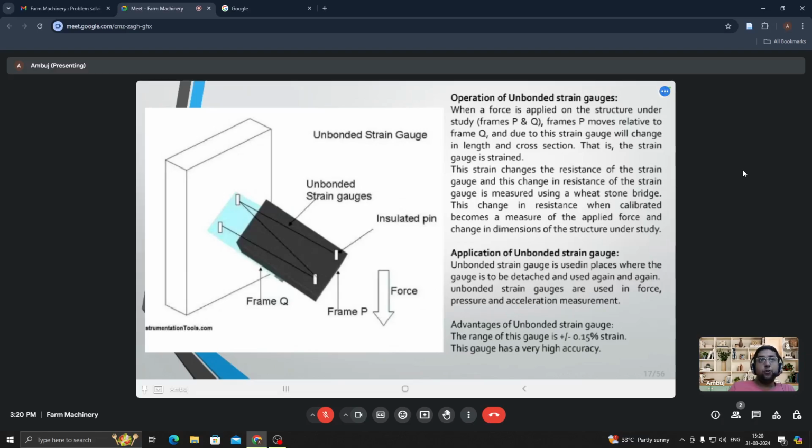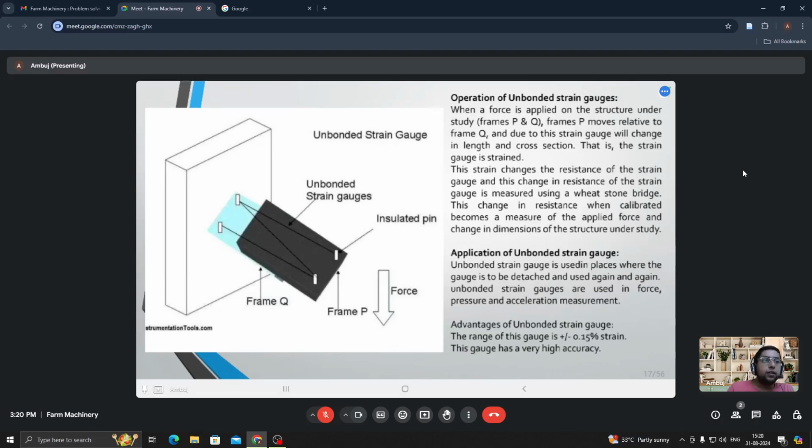Due to this, the strain gauge changes in length and cross section, and the strain gauge gets strained. The strain changes the resistance of the strain gauge, and this change in resistance is measured using a Wheatstone bridge.